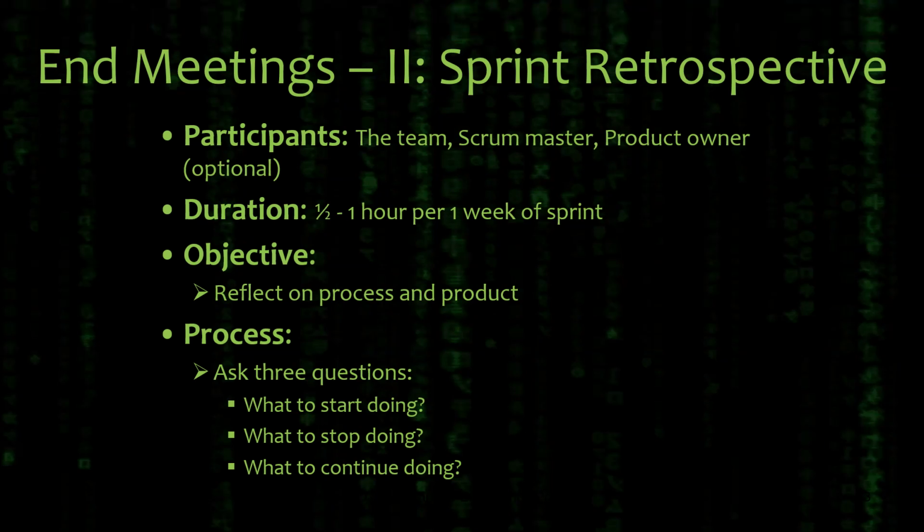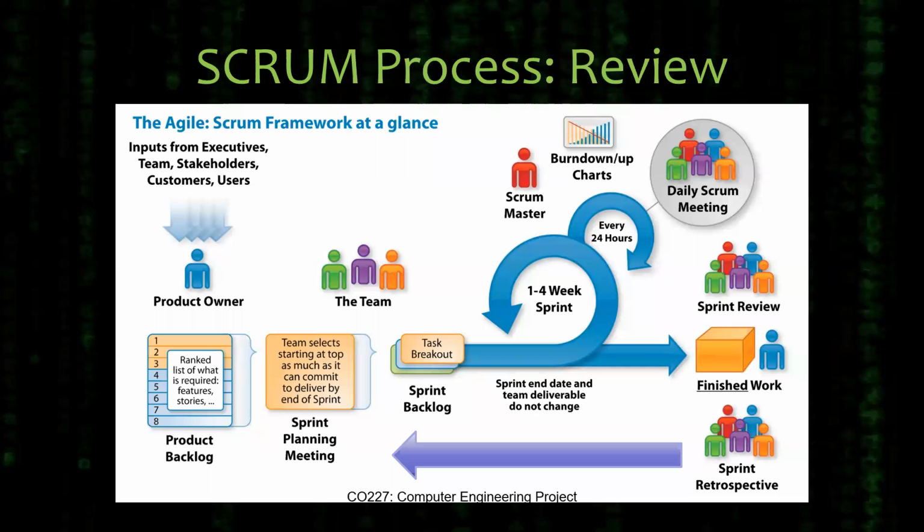Okay, so once again, to look at the entire process, you'll have the product owner who will give the product backlog, which will go into the sprint planning, which will go into the sprint backlog with the team, and you'll have the sprint. During the sprint, you'll have daily scrum meetings, right, which will be facilitated by the scrum master.